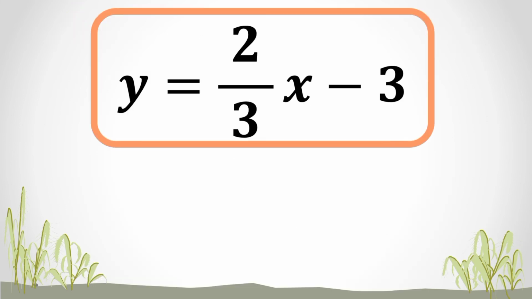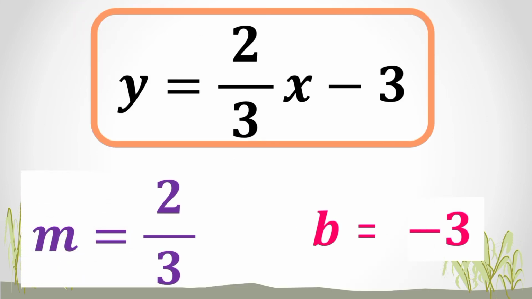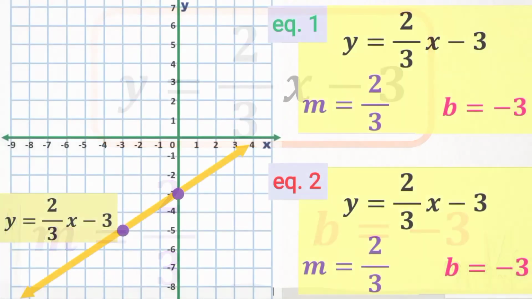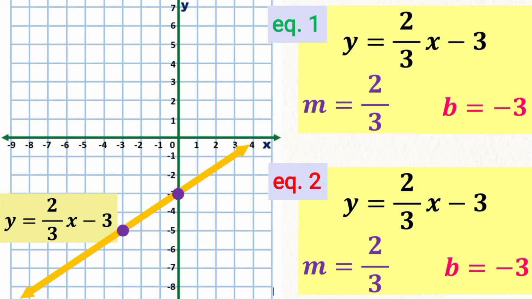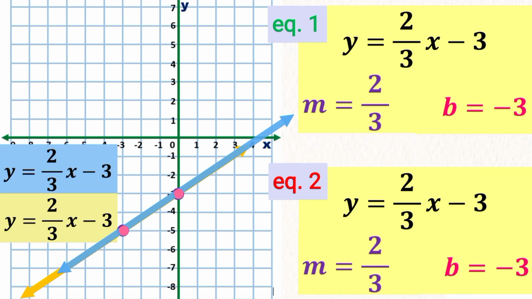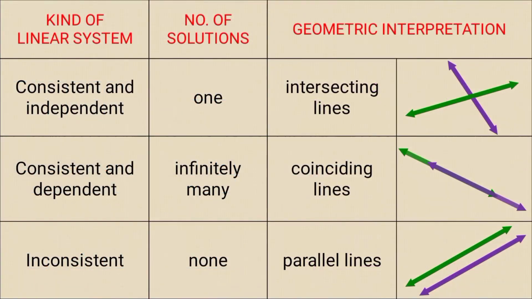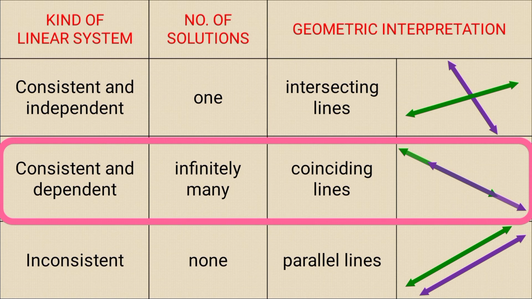And as you observe, they are just the same. So if we need to graph it, it will look like this. It actually overlapped with one another. So it means that the kind of linear system here is consistent and dependent with infinitely many solutions.